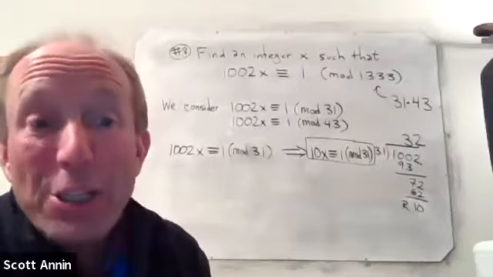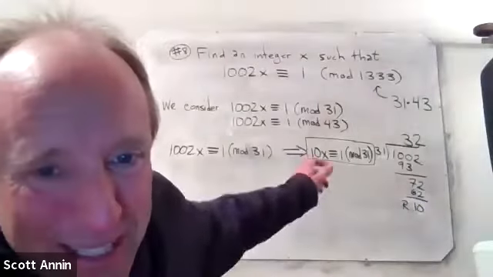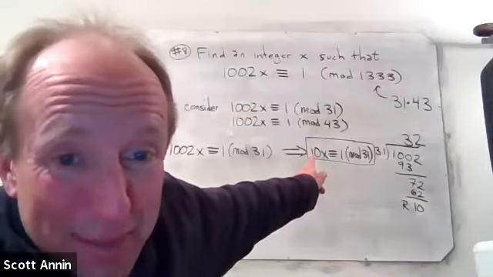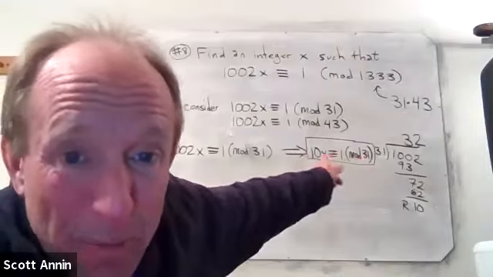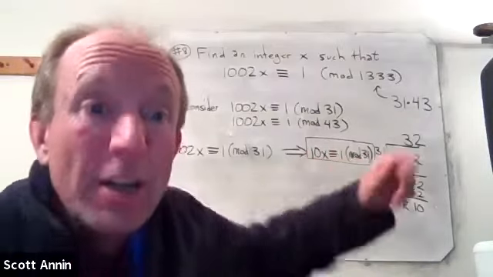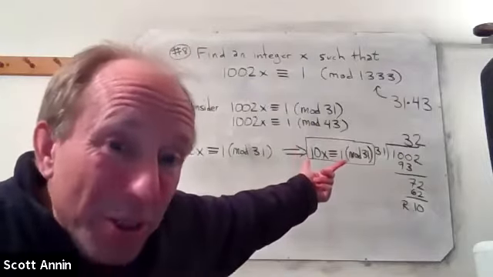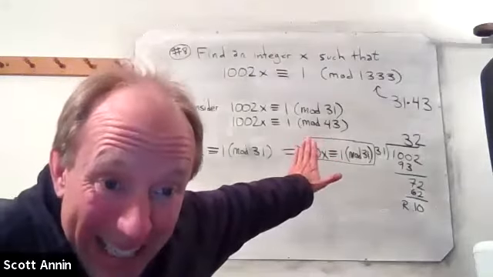Can we choose x to be -3? Yeah, remember guys, you can use negatives to help you out. If you don't see off the top of your head a good choice for x here, we can always basically find the inverse for 10 in mod 31 by using the Euclidean algorithm forward and backward. In other words, we can multiply this congruence through by the same number on both sides to eliminate the 10.